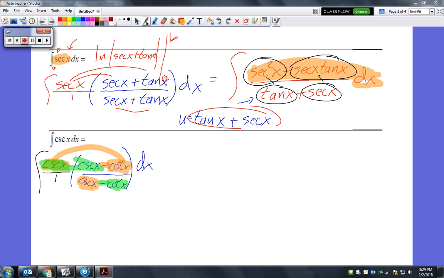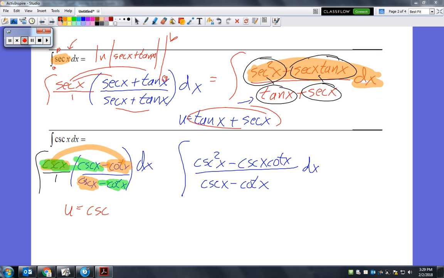It'll work. So we have the integral of cosecant squared x minus cosecant x cotangent x all over cosecant x minus cotangent x dx. Nice. So u is our entire denominator.